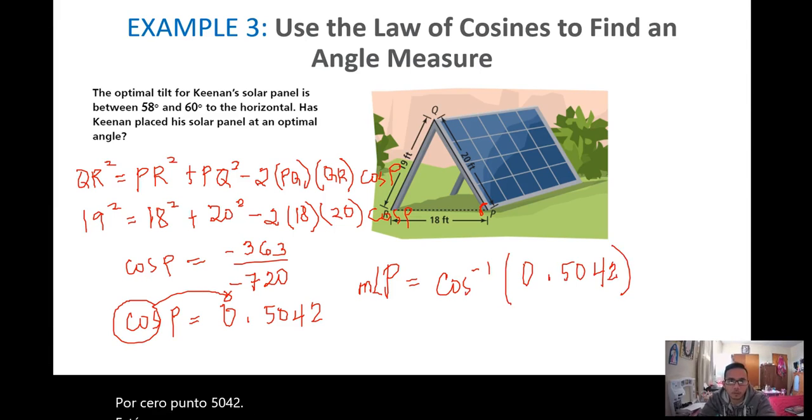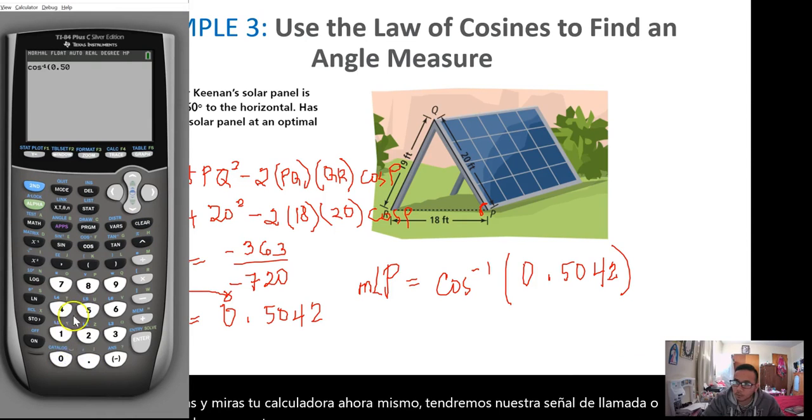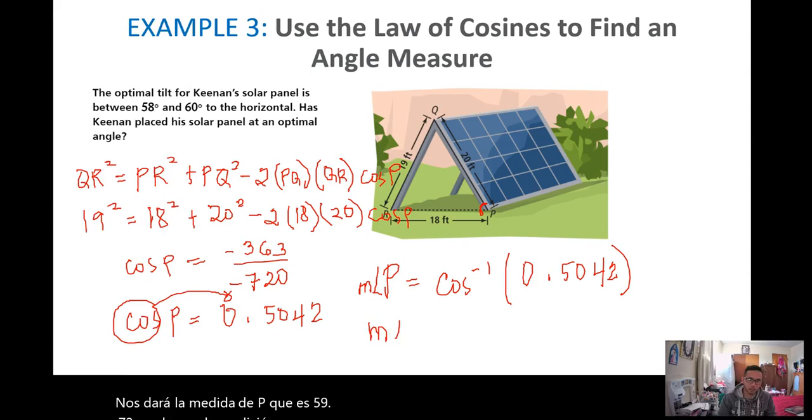If you look at your calculator right now, arc cosine 0.5042 will give us the measurement of P, which is 59.72. So the measurement of angle P is 59.72 degrees.